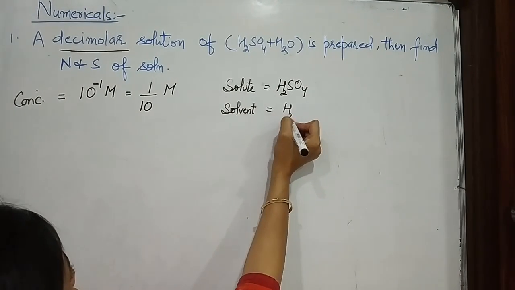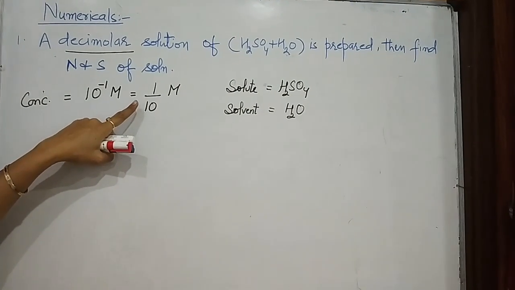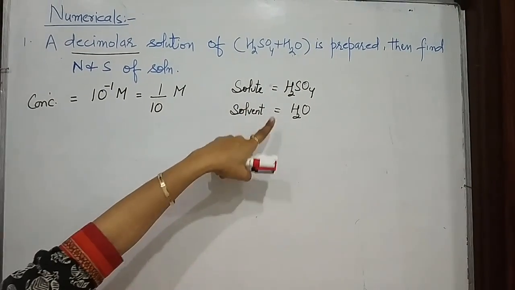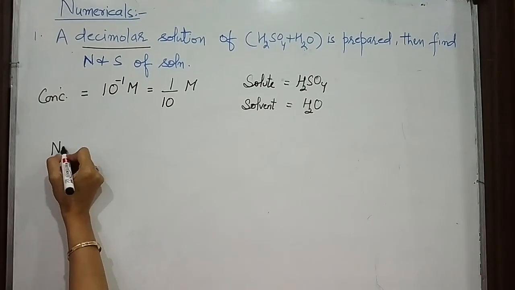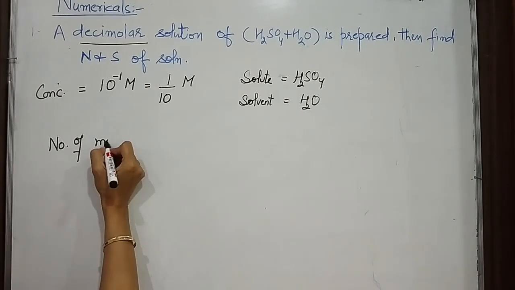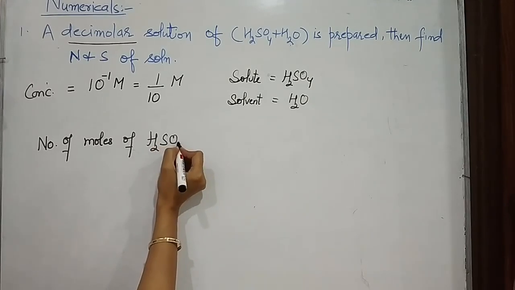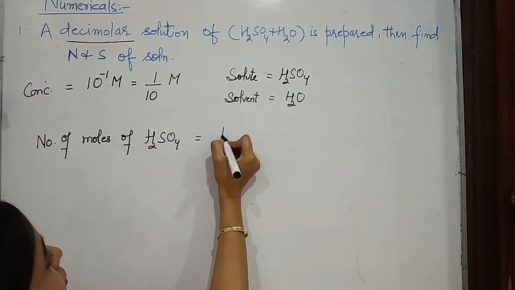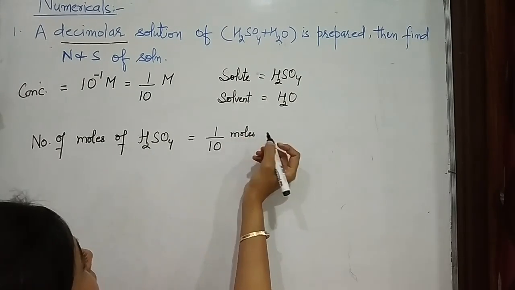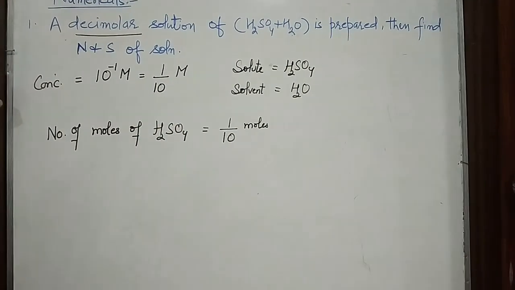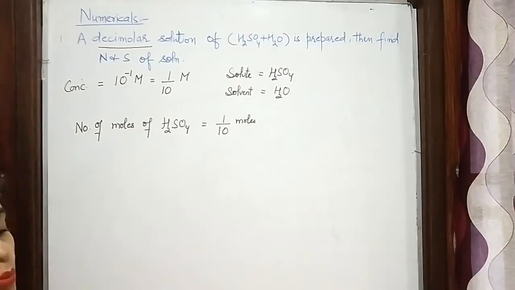Now when we say decimolar solution or 1/10 molar solution of H2SO4 in water, it means number of moles of H2SO4 is 1/10 moles present in, because definition of molarity is number of moles of solute present in 1 liter volume of solution.